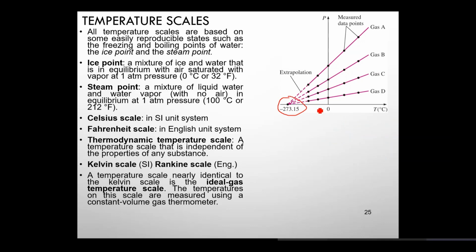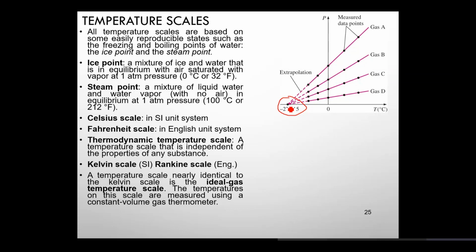And if you see what is the pressure at this point, that means on a Kelvin scale, when you have absolute zero pressure, you basically achieve 0 Kelvin. That is the scale that defines the absolute scale that you have.